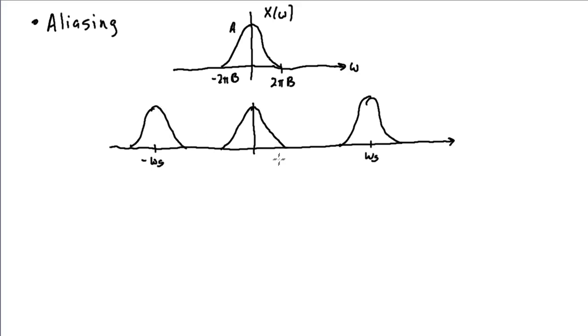And as I've drawn this, 2 pi B, I'll have a gap between this baseband replica and the replica that's at omega s, as long as omega s is greater than 2 times 2 pi B, or equivalently in hertz, f s is greater than 2 times B, which again is the Nyquist criteria.